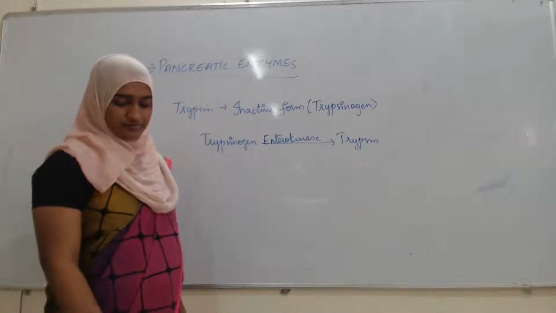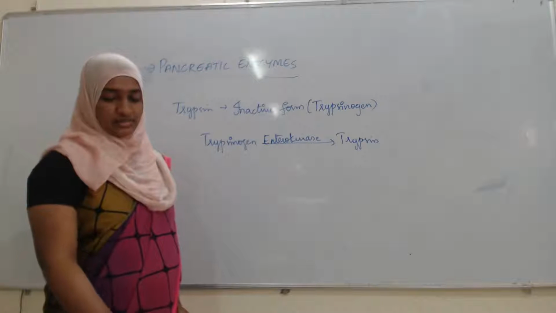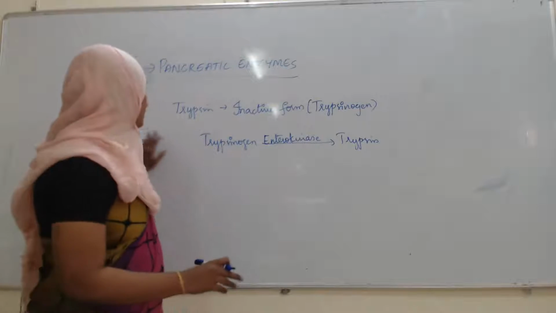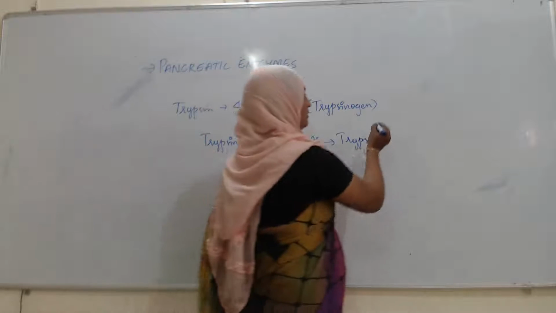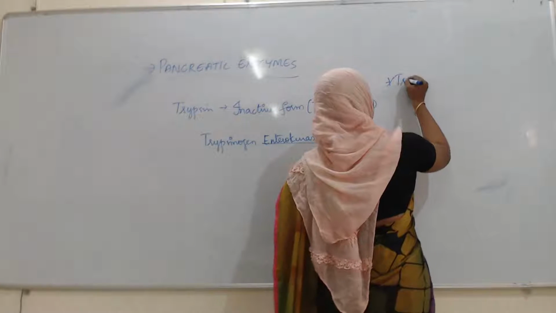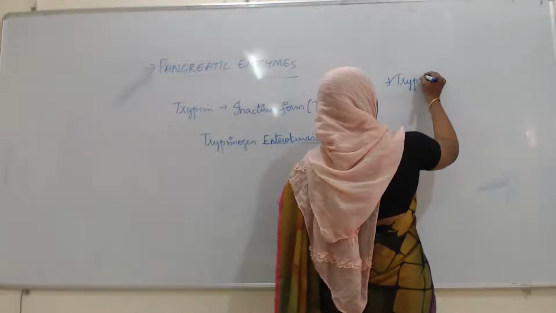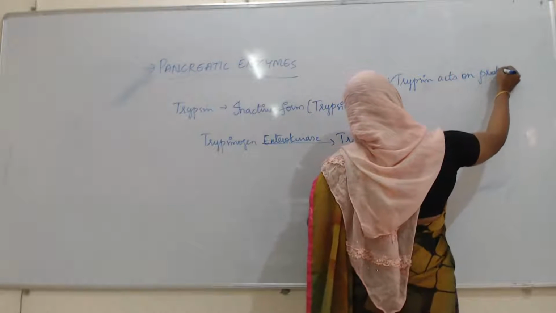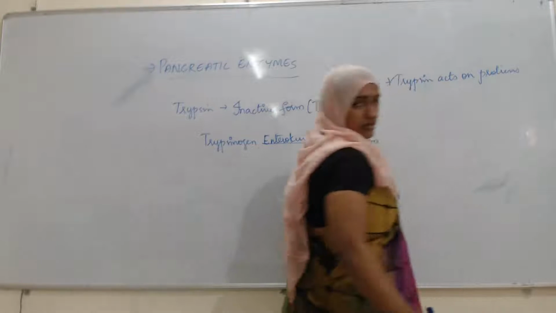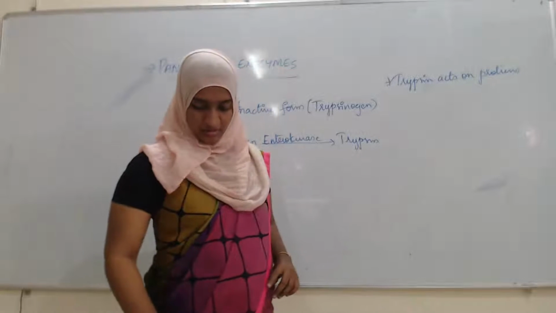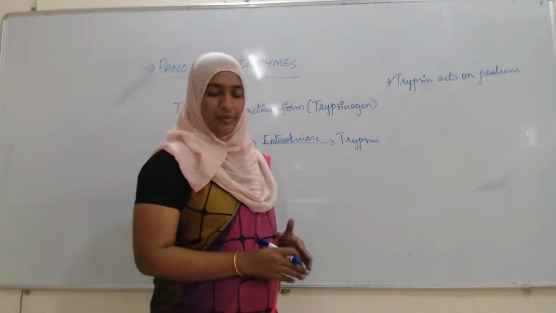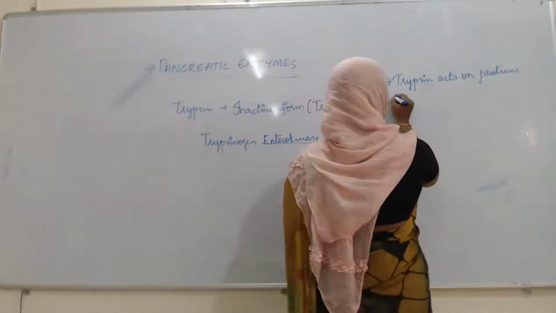Next, trypsin acts on proteins and converts them into polypeptides and amino acids.